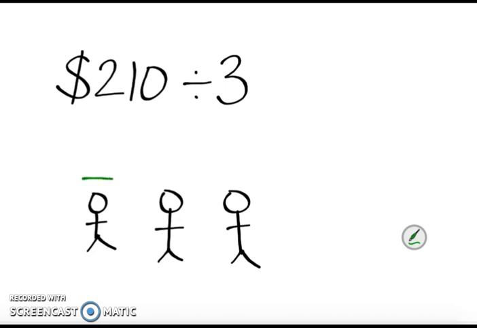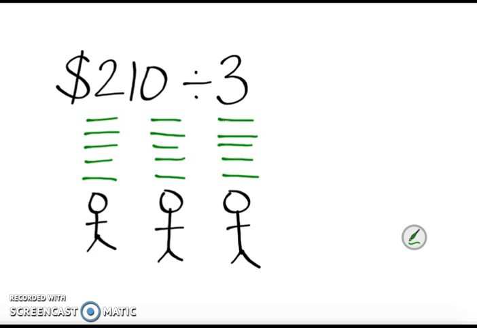So 10, 20, 30, 40, 50, 60, 70, 80, 90, 100, 110, 120, 130, 140, 150, 160, 170, 180, I'm running out of room, 190, 200, 210. Now the reason I didn't draw the $10 out like last time is because I would have run out of room. I already started to run out of room this time. But each line represented my $10 bill.